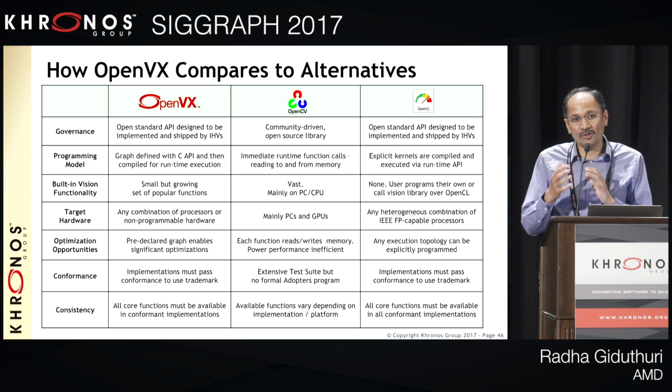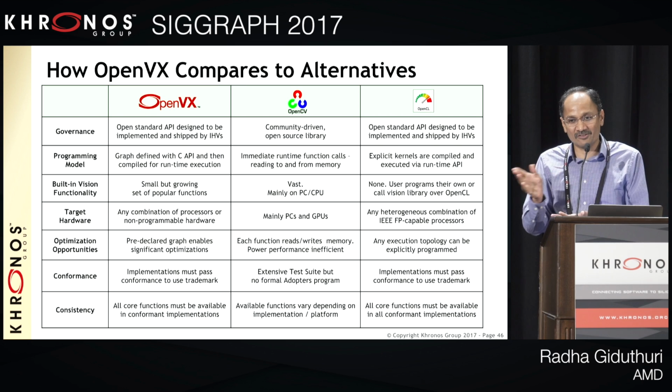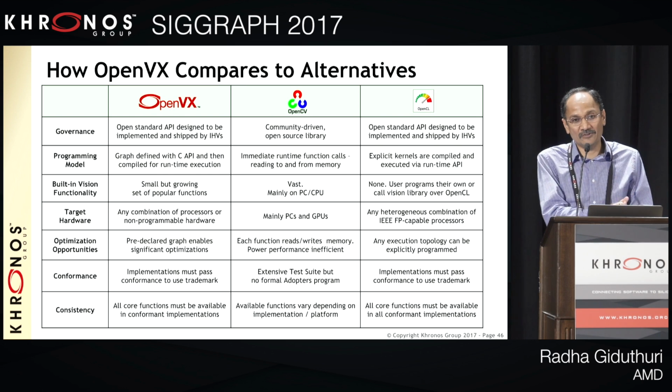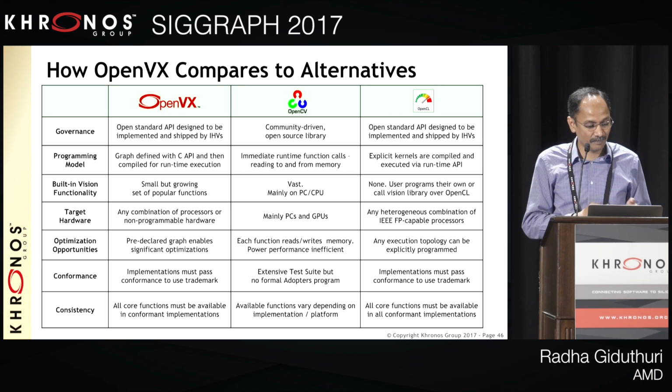Again, there's no conformance program. There's no one who sits and says, your application will run seamlessly across all the implementations. That's not guaranteed. And that's one of the key features of OpenVX. Once somebody says they have OpenVX implemented, you can be guaranteed that functional portability will be there, and performance portability will also be there.